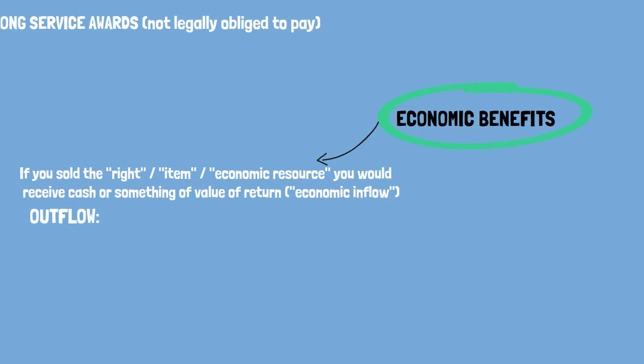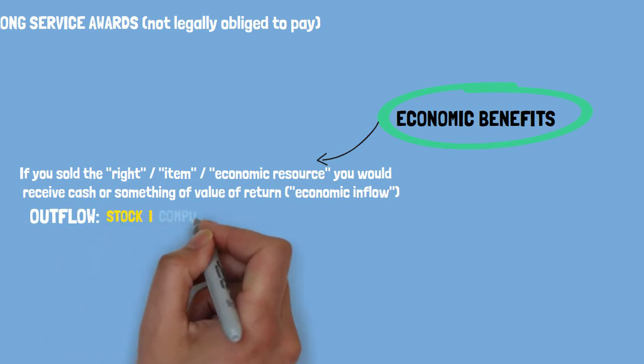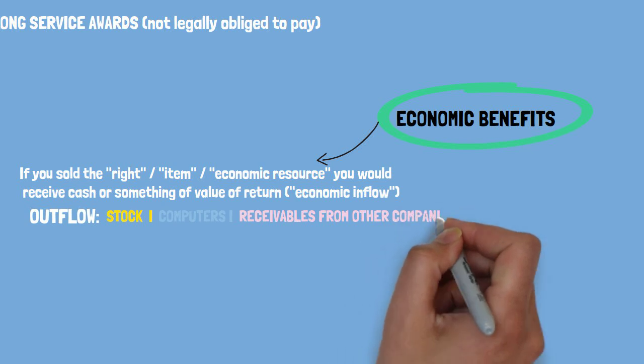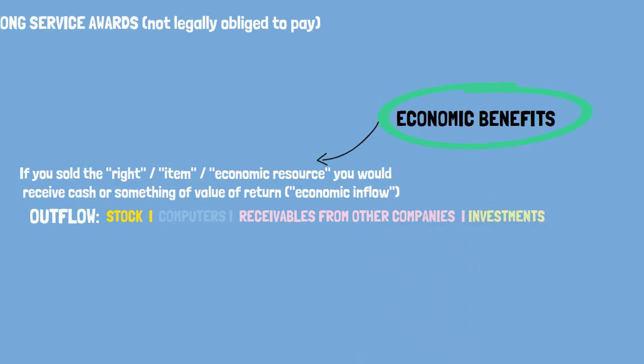Okay? So, an outflow from the entity will be its stock or its computers or its receivables or its investments. Whatever it is that you're selling, that's the economic resource that is outflowing from the entity, and in return the economic benefit you're receiving is cash or something of equal value.